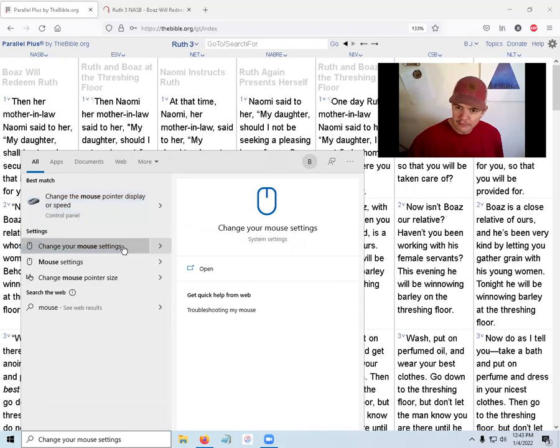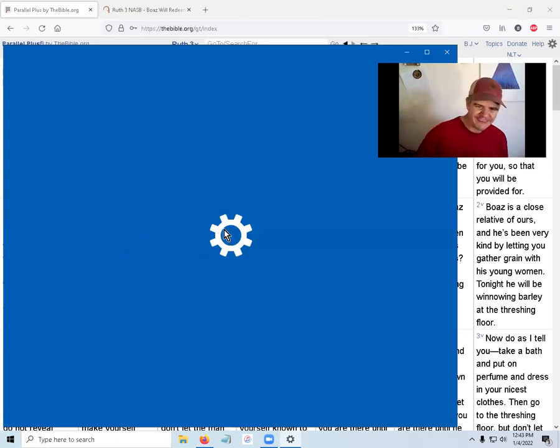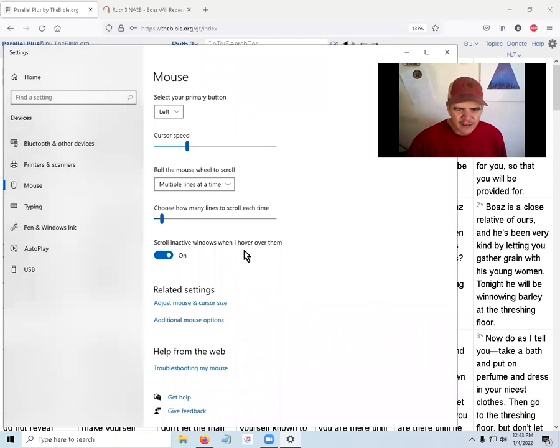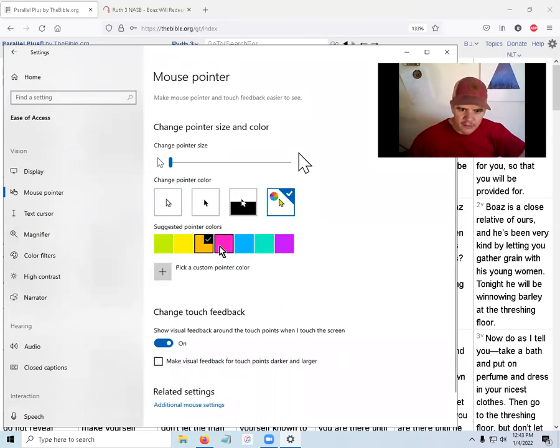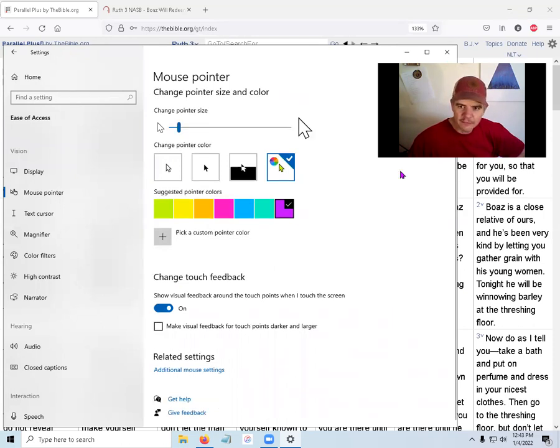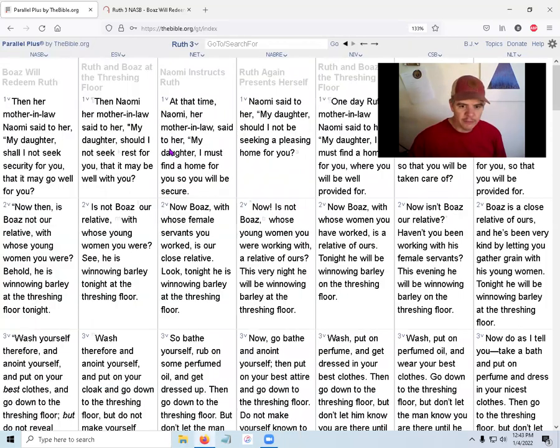Let's see if I can find it. Scroll, cursor speed, already there. Adjust mouse and cursor size. Right here. Got a little different color. We'll make it magenta. There we go. Make my pointer a little bigger so you can see it. Okay. Now, when I'm pointing at something, you can see it.